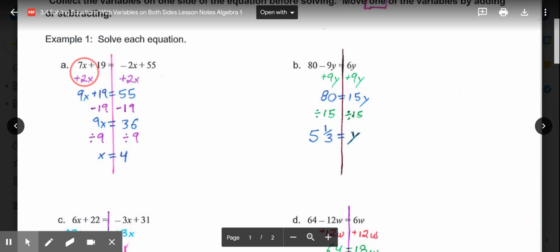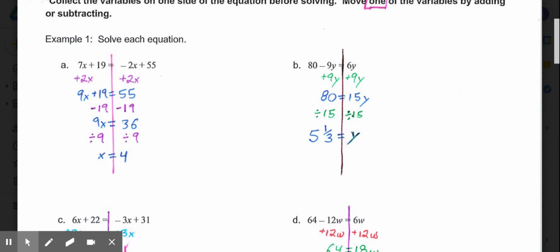So we're adding 2x to the 7x, combine like terms, and we have 9x. Then what we have is 9x plus 19 equals 55. Subtract 19 from each side, and you have 9x equals 36. Divide both sides by 9, and x equals 4.